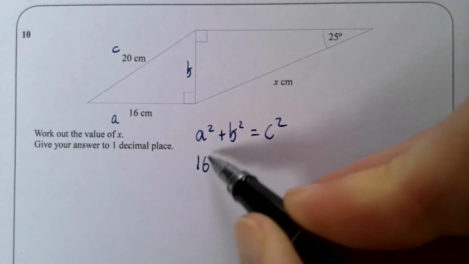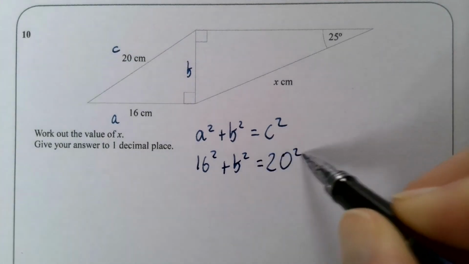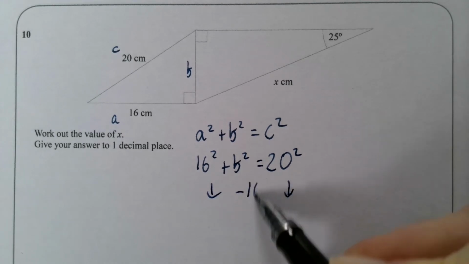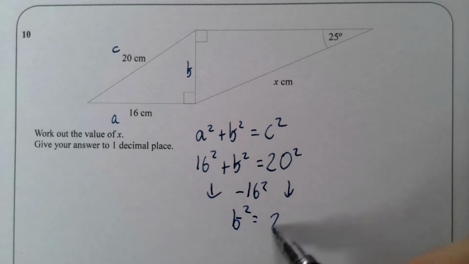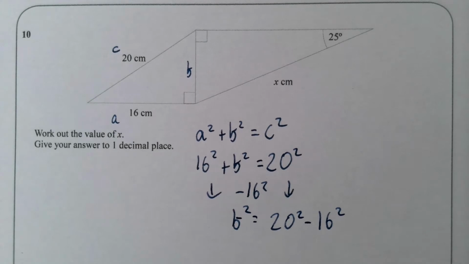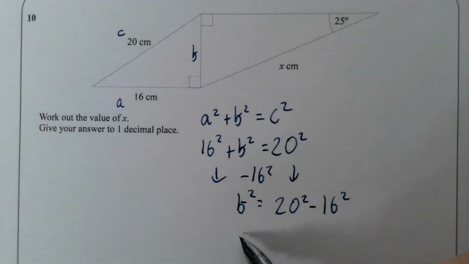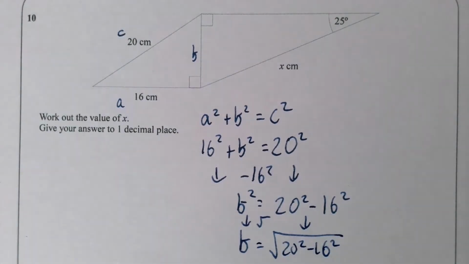If I put 16 in there, plus b squared equals 20 squared, I then need to take 16 from both sides, or 16 squared, sorry, and we have b squared is equal to 20 squared take 16 squared, and therefore we don't want the square, we want the square root, so we're going to root both sides, and b will be the square root of 20 squared take 16 squared.